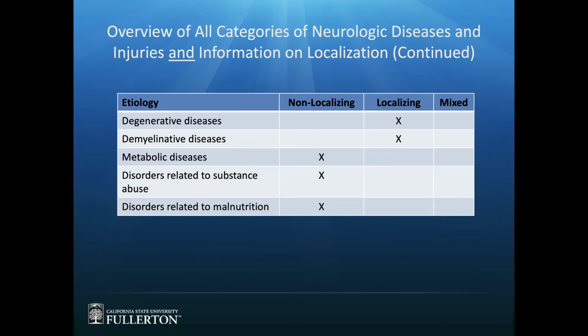Metabolic diseases, like when your blood sugar is way off, you can lose consciousness from that. But before that, you become confused and groggy, and that's non-localizing. Same thing with disorders related to substance abuse, alcohol abuse, drug abuse, whatever it might be. And then there's a set of disorders related to malnutrition, and those are all non-localizing.